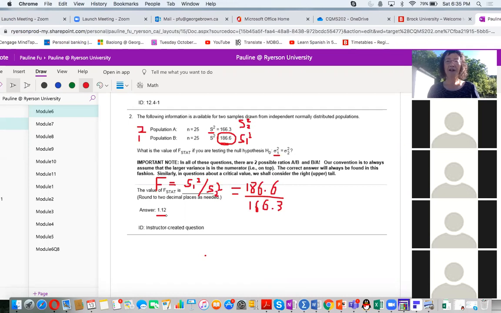This is the first time we encounter the F test, F distribution. Before this module, we have Z distribution and we have T distribution, okay? The F distribution is not bell-shaped. It is skewed to the right, something like this.